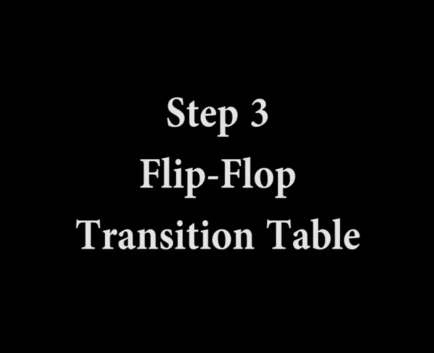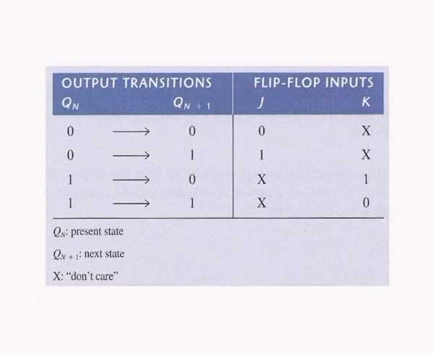Step 3. Flip-flop transition table. The table shown here is a transition table for the JK flip-flop. All possible transitions are listed by showing the Q output of the flip-flop going from present states to next states. Qn is the present state of the flip-flop before a clock pulse, and Qn plus 1 is the next state after a clock pulse.